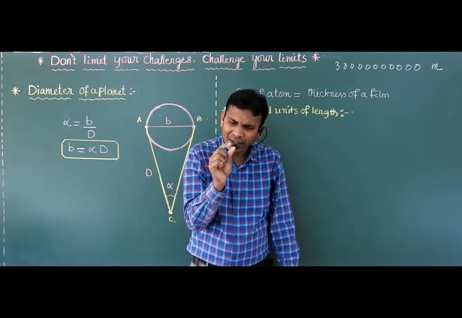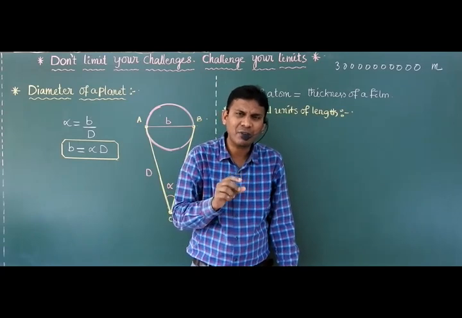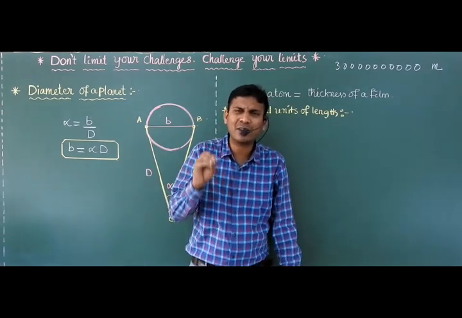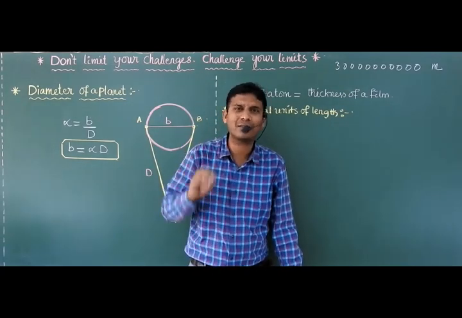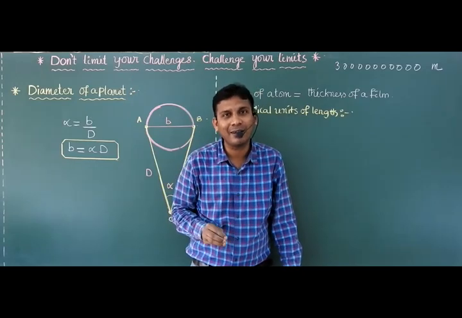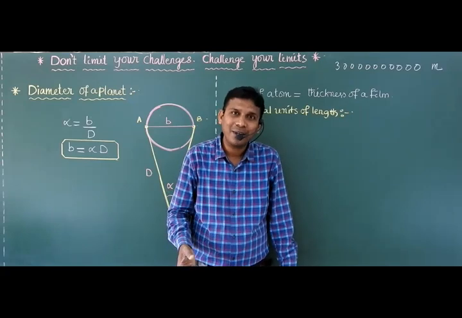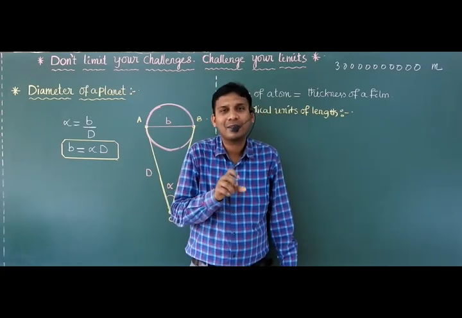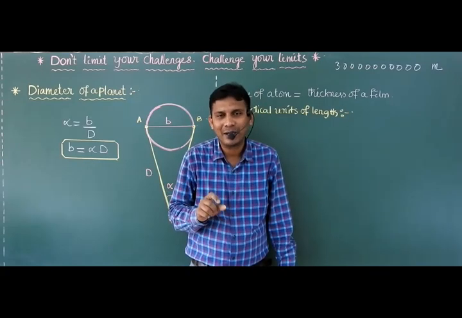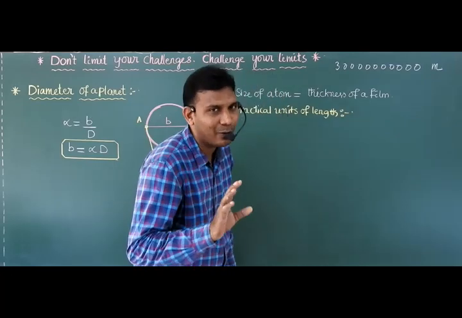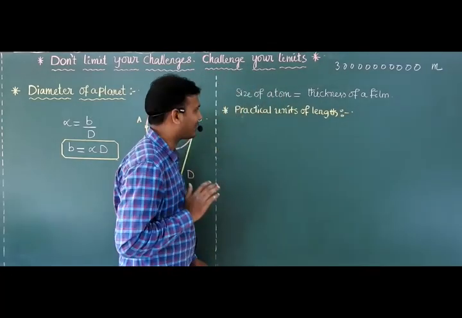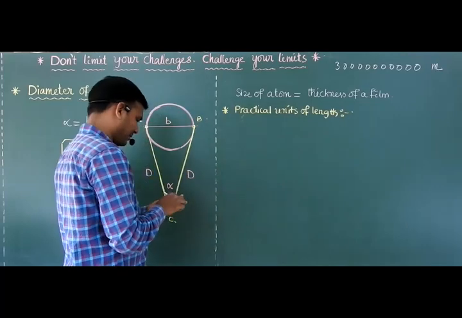And the size of a nucleus is 0.00000015 something meter or millimeter. After the decimal, how many zeros will we put? So that's why we are introducing practical units. I hope it is clear. Apart from that, we don't need to think beyond that.